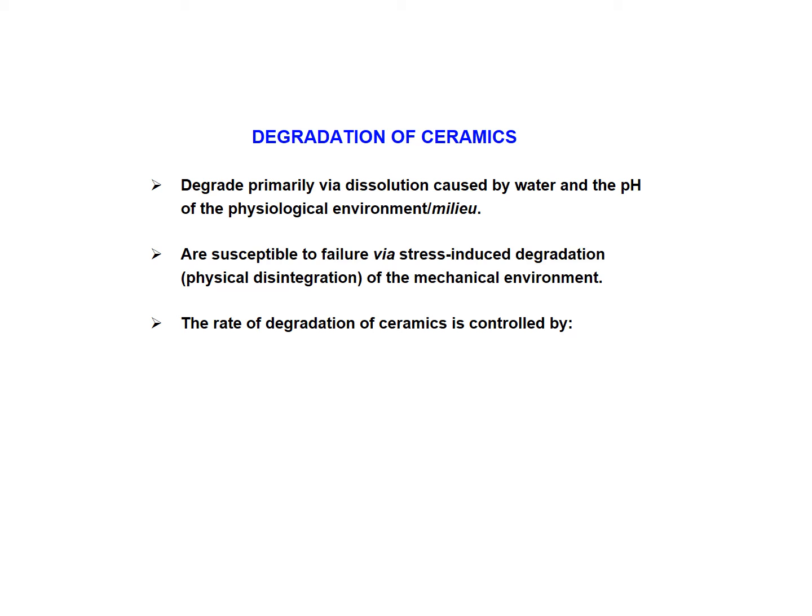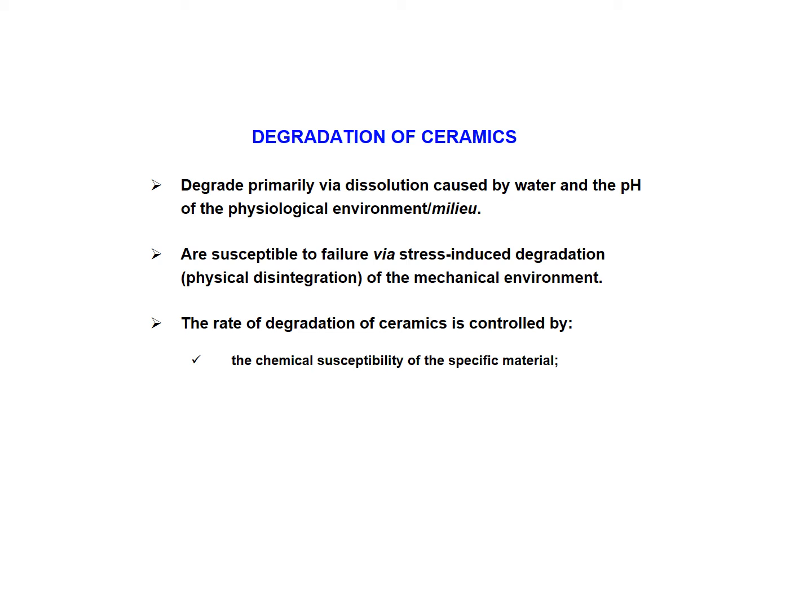The rate of the degradation of ceramics is controlled by the susceptibility of the specific material, because there are different ceramics. For example, hydroxylapatite, alumina, and titania. Notice that the end of those words is an A, not aluminum or titanium.